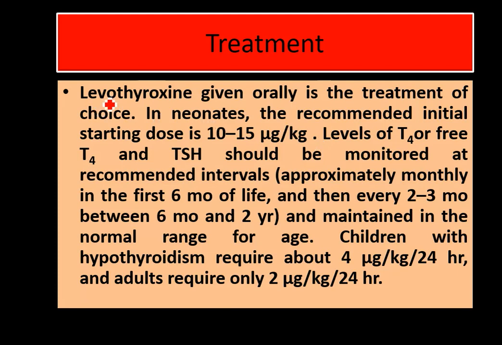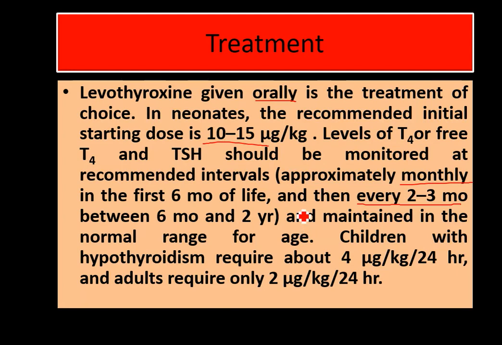Treatment: levothyroxine given orally is the treatment of choice. In the neonate, the initial starting dose is 10 to 15 microgram per kg. The levels of T4 and TSH should be monitored at recommended intervals, usually monthly in the first 6 months of life, then every 2 to 3 months between 6 months and 2 years.